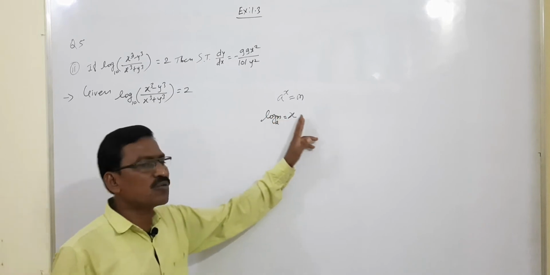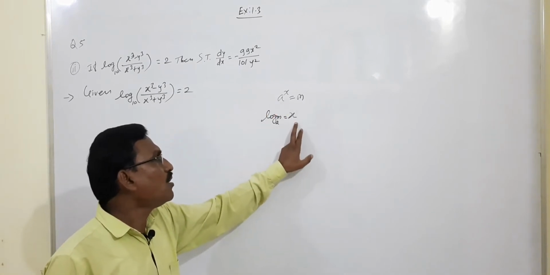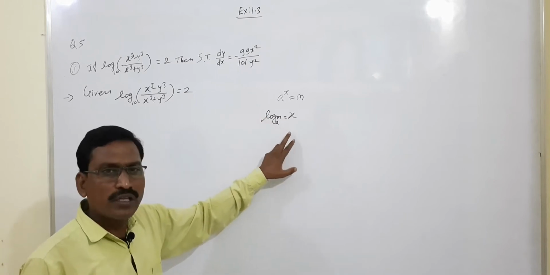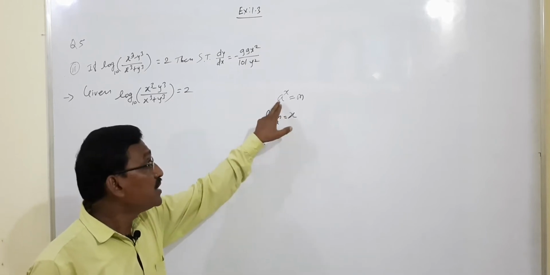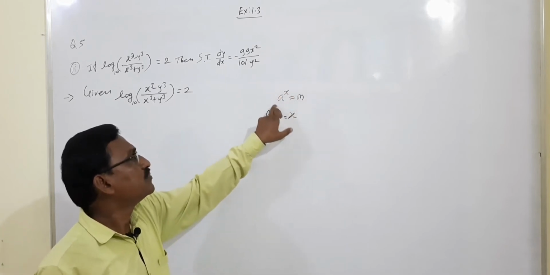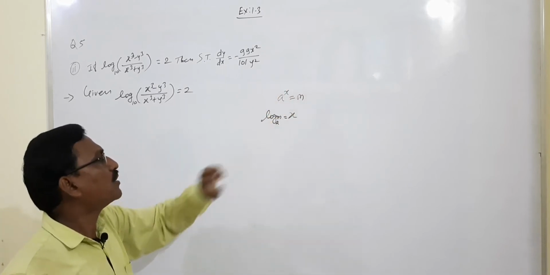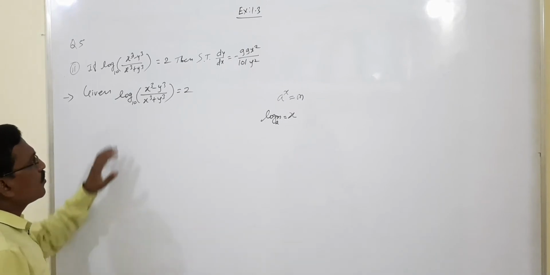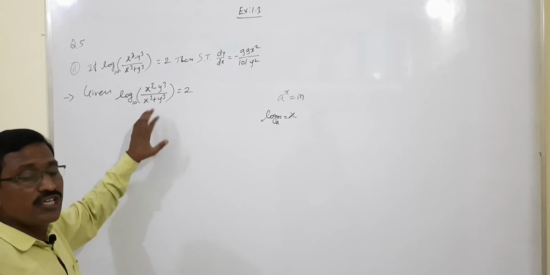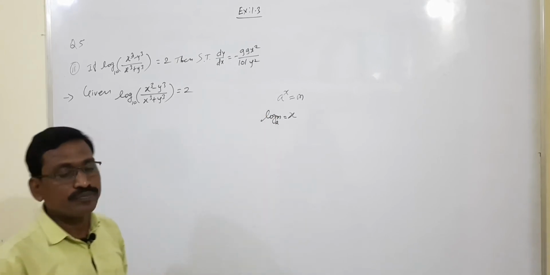If a raised to x equals m, x is called log m to the base a; this is the logarithmic form and this is the exponential form. Here it is in logarithmic form, so we have to convert it into exponential form.